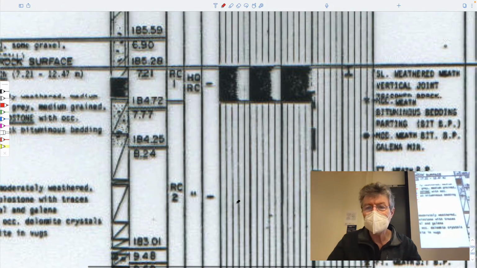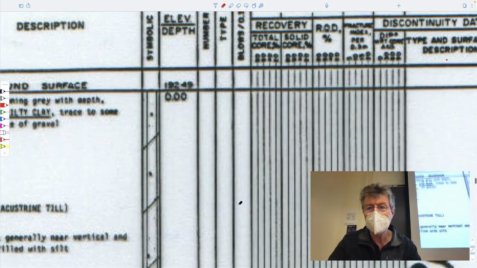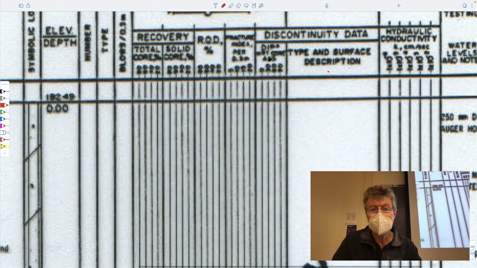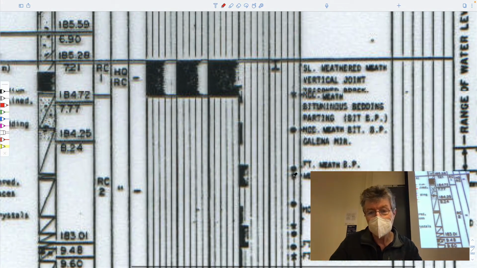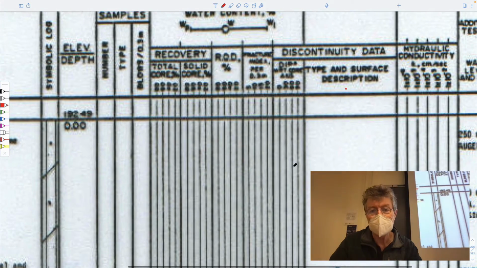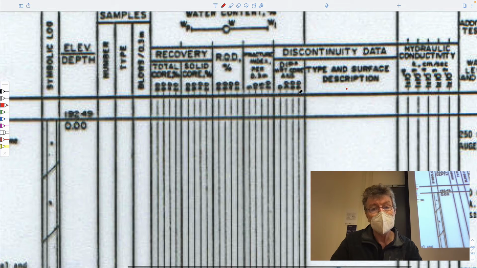The other thing on here, on the far right hand side, is that these dips are measured in the core, and it looks like the dips of the bedding, or the fractures, are 90 degrees, so vertical fractures.